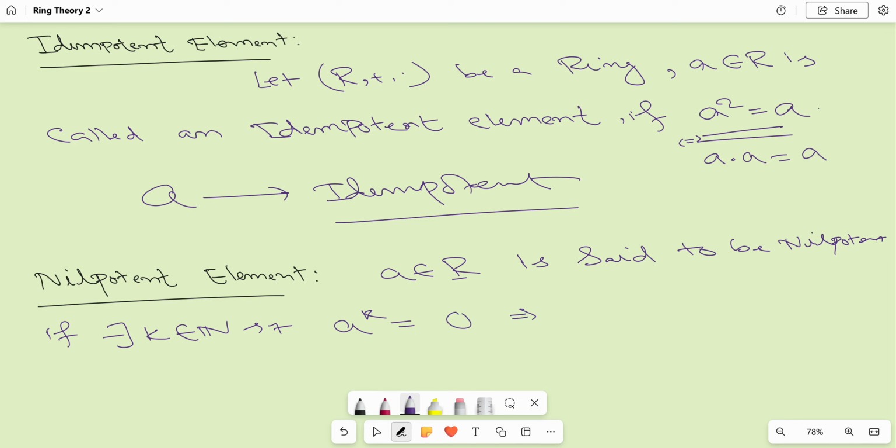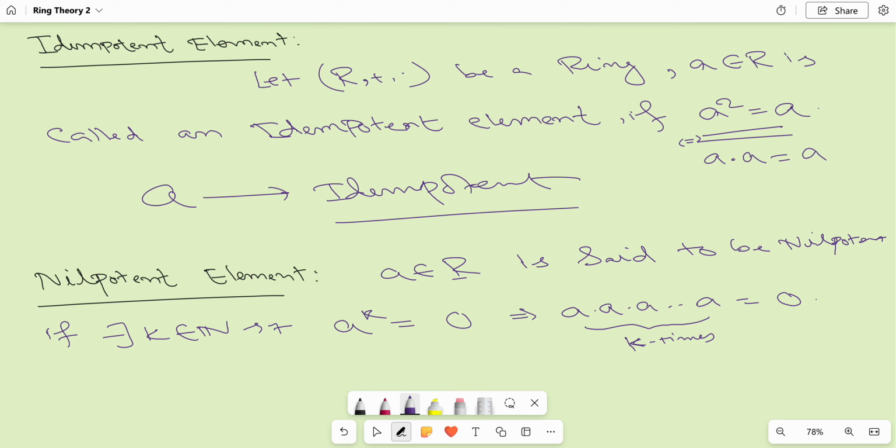A to the power k means a · a · a ... a, k times, which equals 0. If such an element exists, then this element is called a nilpotent element.